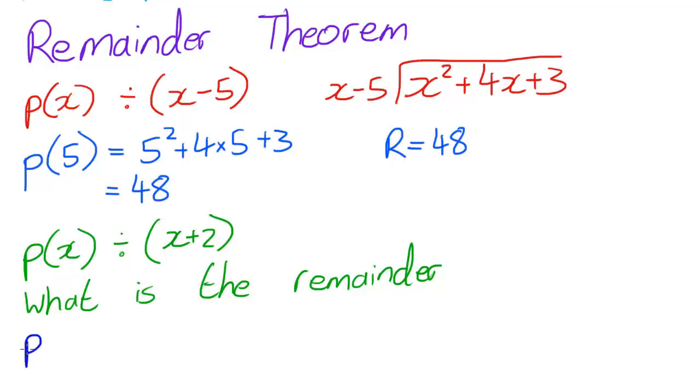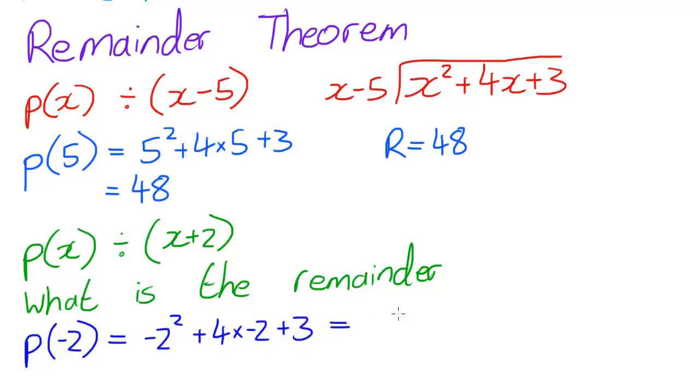So if you have divided by x plus 2, then we'll have, what am I doing there? Not p of x. We're going to have p of minus 2, because we changed the sign from here. So we have minus 2 squared plus 4 times minus 2 plus 3.